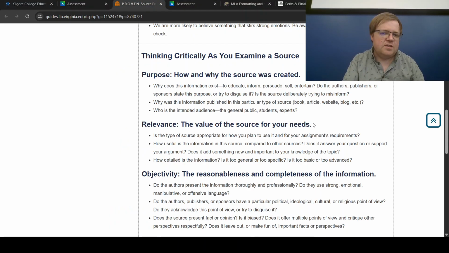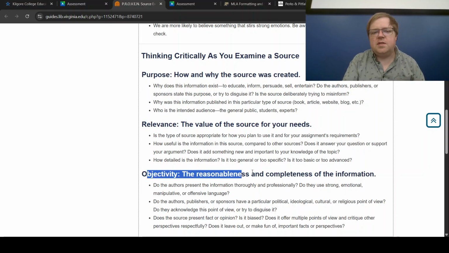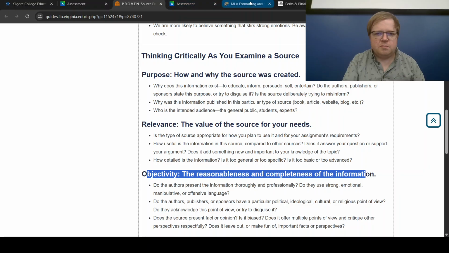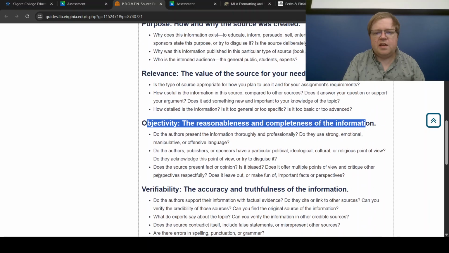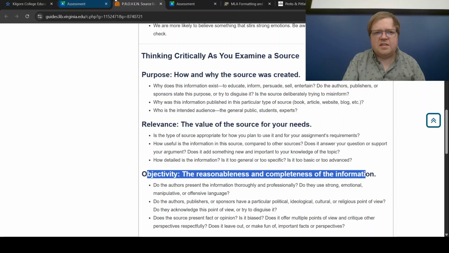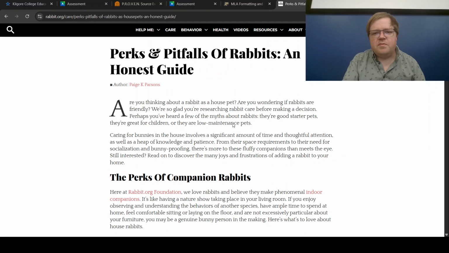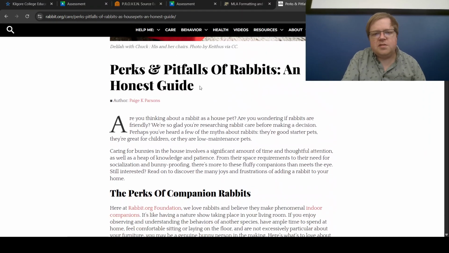Relevance, obviously it's relevant to what I'm writing about. Objectivity, that's hard to determine with this, but I'm going to go ahead and say that this is pretty objective because the lady who is writing this is an expert on rabbits.